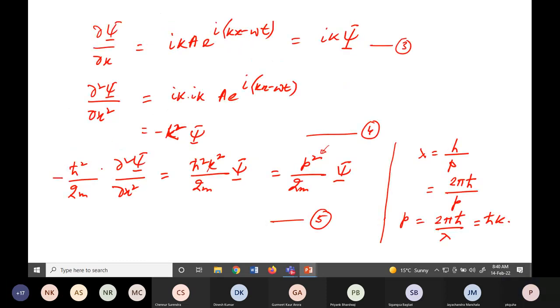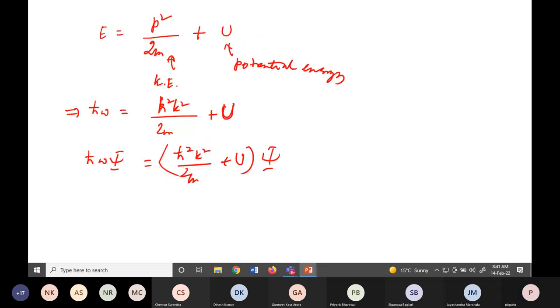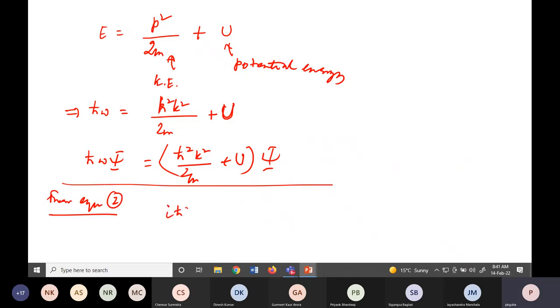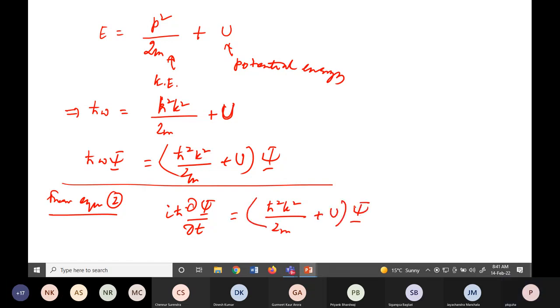Okay. So from equation 2, that is i h line del psi over del t, equal to energy. So that is nothing but, because we know energy is h line square k square over 2m plus u, times psi, right?